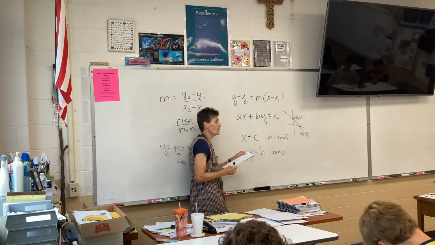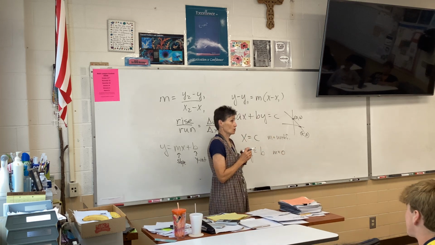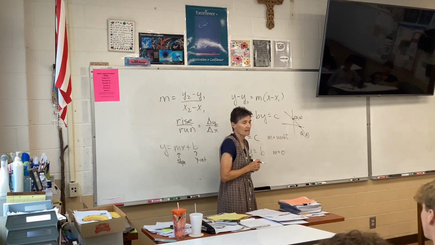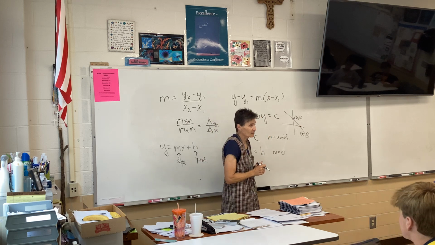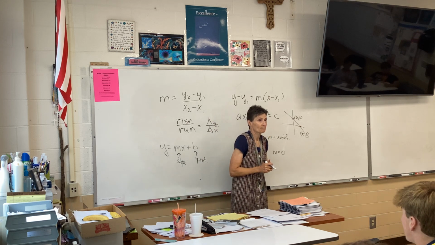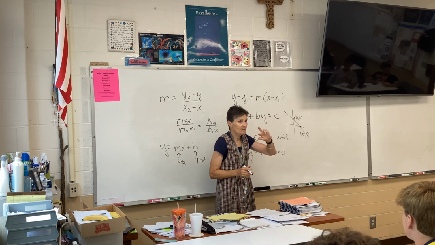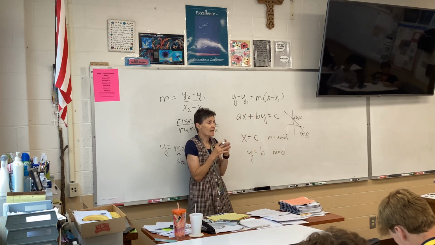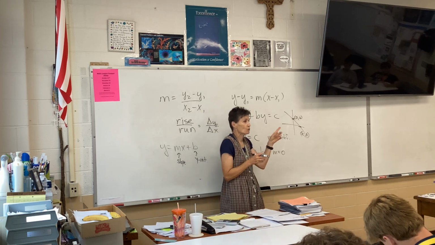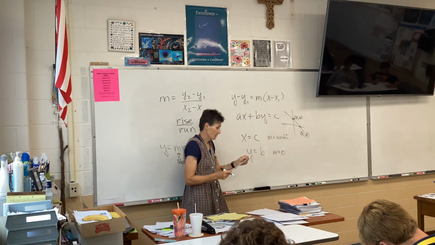Parallel lines, what do we know about the slope of parallel lines? They're the same. Think about it. What do we know about perpendicular lines? Their slope is the opposite reciprocal. Yeah, so it's like combining the additive and multiplicative inverse. You change the sign and flip it over for perpendicular lines.